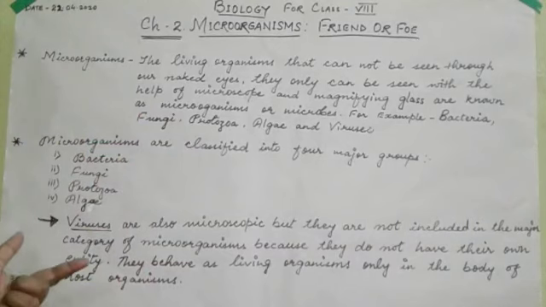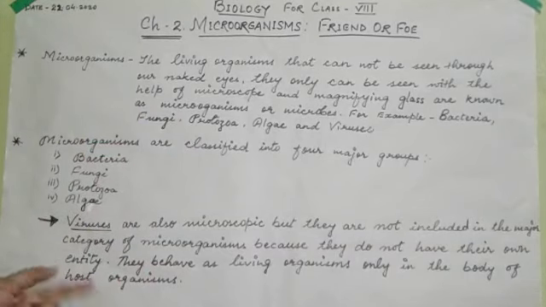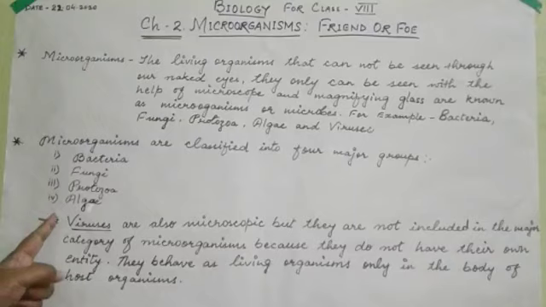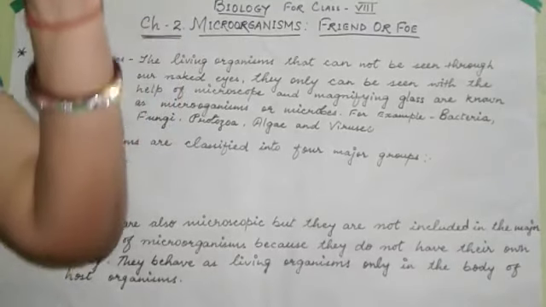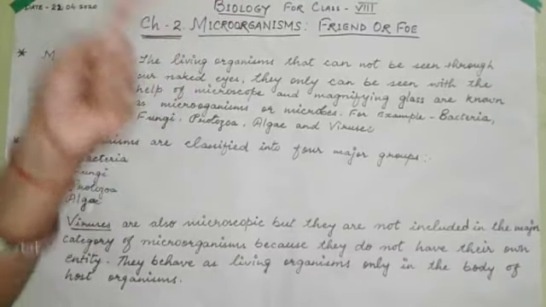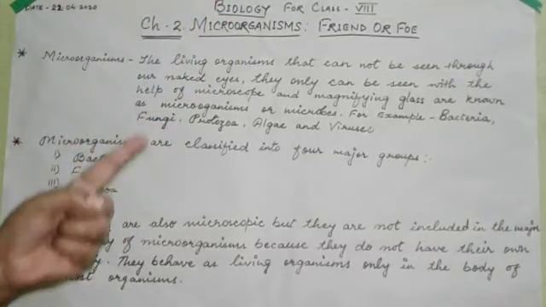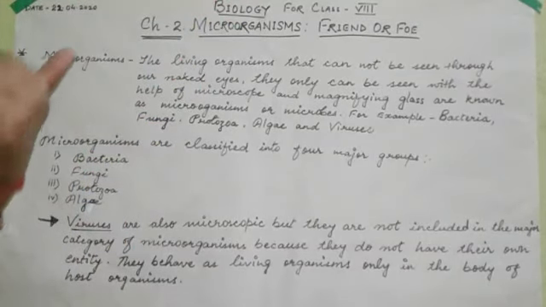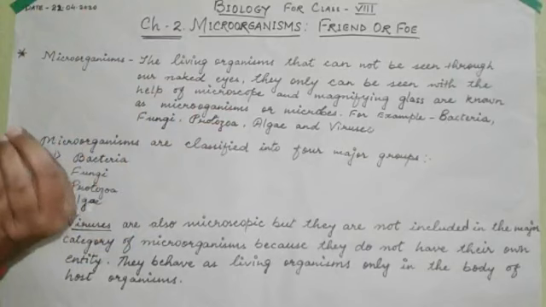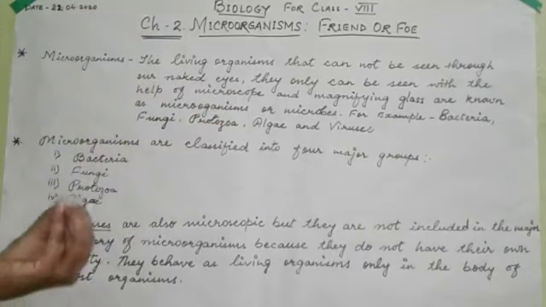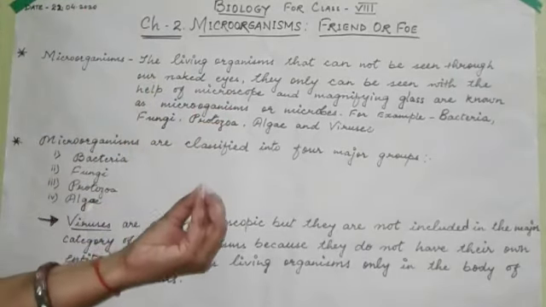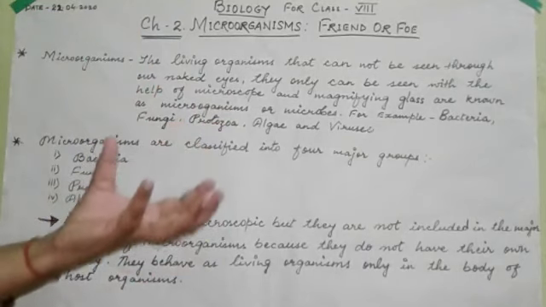So viruses, when present in the environment, act as non-living things, and when they enter the body of a living organism, they use the cellular machinery of that organism and act as living things.